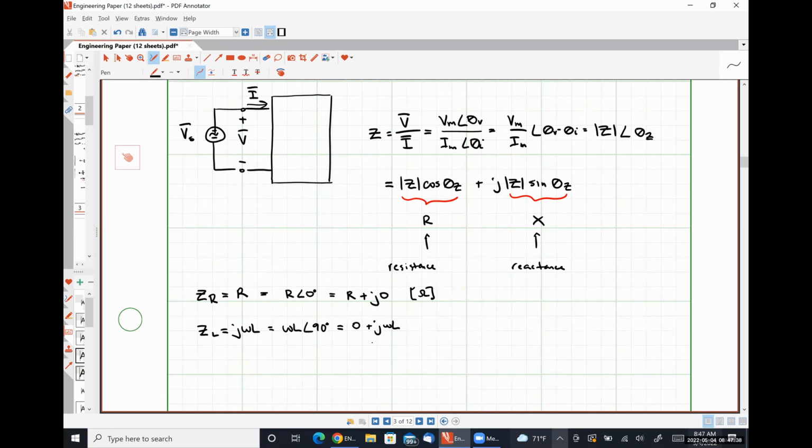Now let's talk about the units for this, okay? So the units for omega is radians per second, where a radian is a dimensionless quantity, okay?